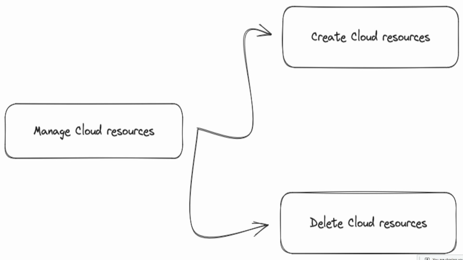There will be almost no text as long as you know what you're doing. Managing cloud resources is going to be easy. Now we're basically going to create a very simple resource and then we are going to delete that resource. Without further ado, let's jump into it.